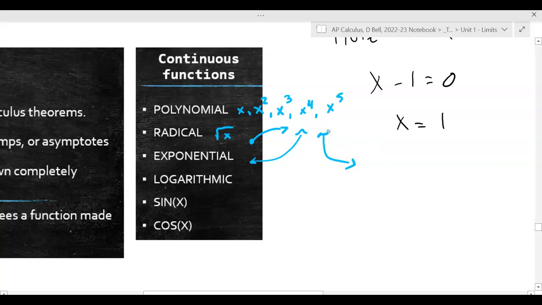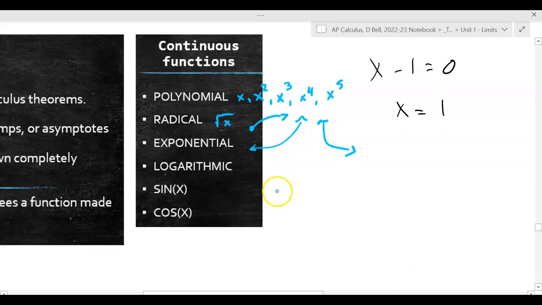Logarithmic functions are more this shape, also continuous. Sine starts at 0, goes up, then down. Cosine starts at 1, goes down, then back up. Also continuous functions.